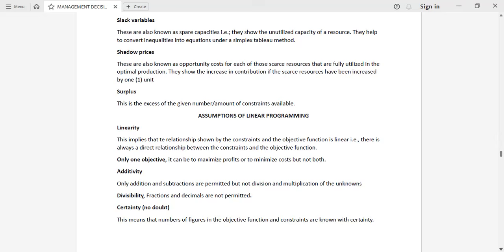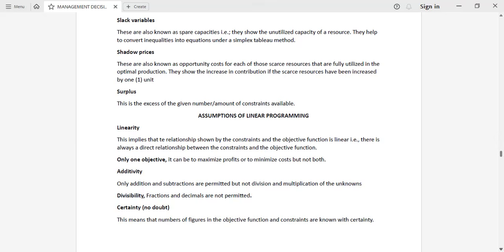So if they have given you the number of units, those units that have been given to you and the unknown, we subtract or we add. But there is no way we are going to have a multiplication or a division under linear programming. We only have additions and subtractions.